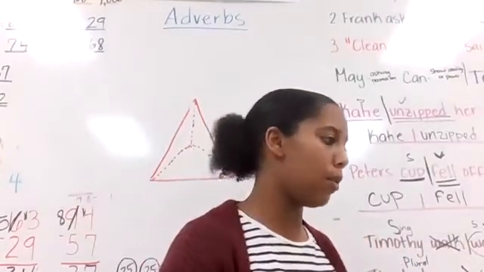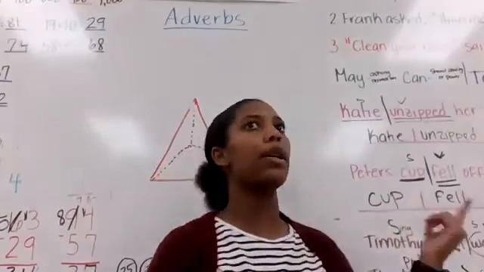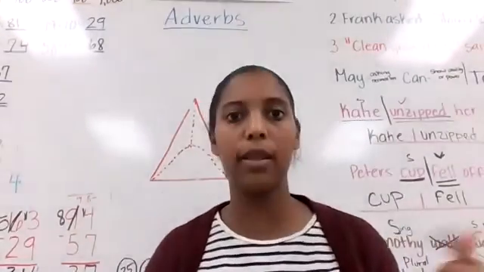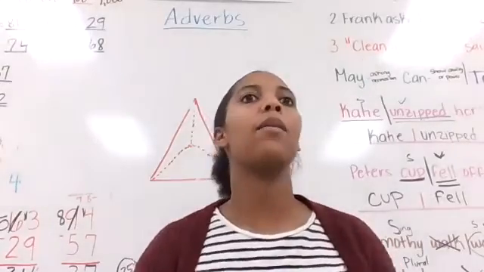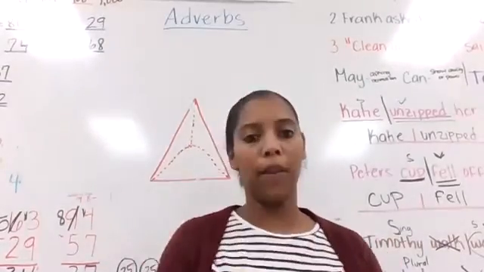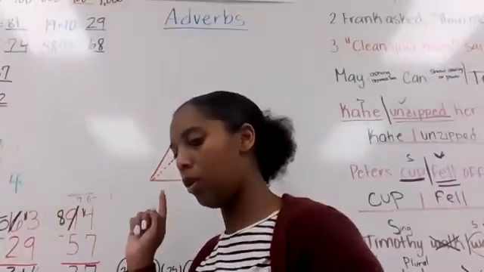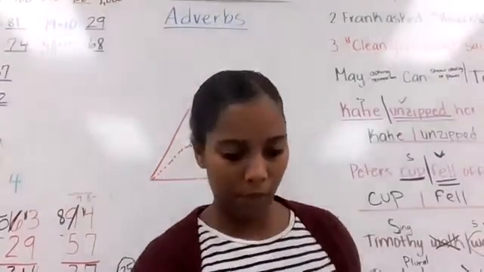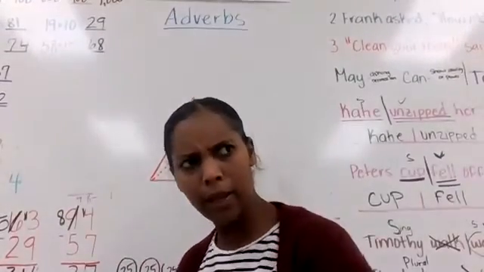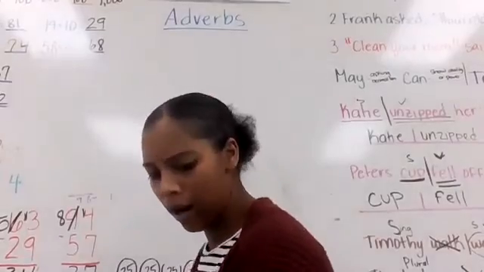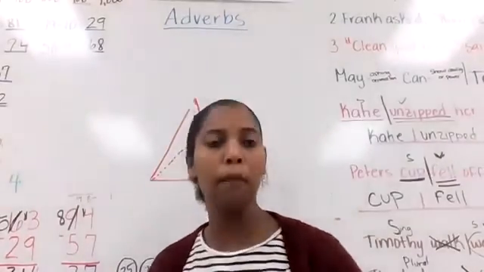A pronoun is a word used in the place of a noun. We've learned verbs. A verb is a word that does an action, or state of being, links two words together, or helps another verb.